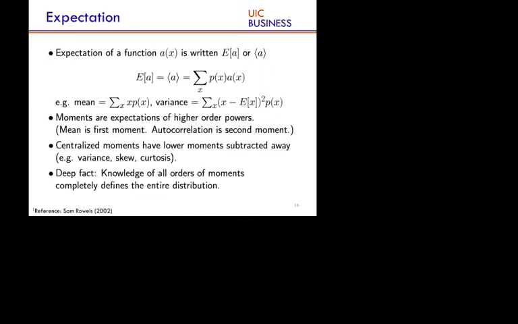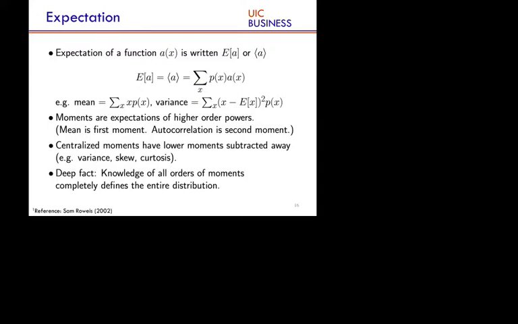But you can also have other functions, and in fact you might have seen something called moments. Moments are just expectations of a higher order power. So if you have to the power 3 or 4 or 5, those are called moments, and there are centralized moments and raw moments, which you might have seen in previous classes.